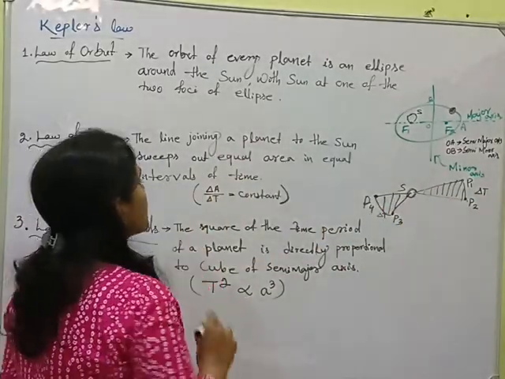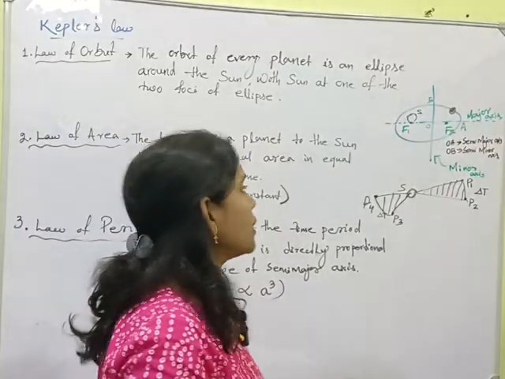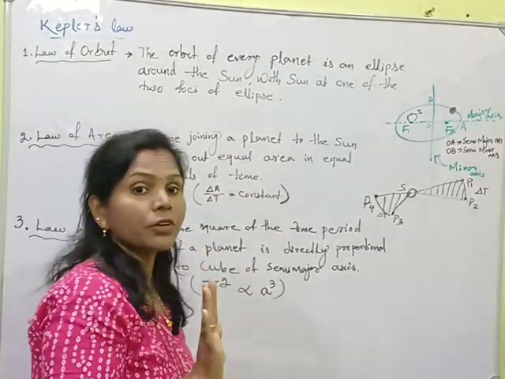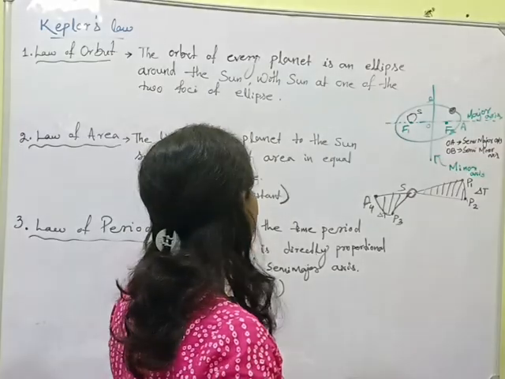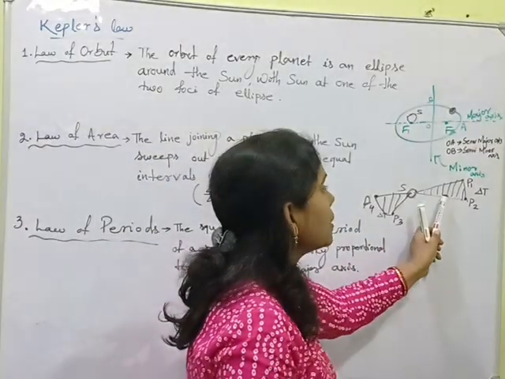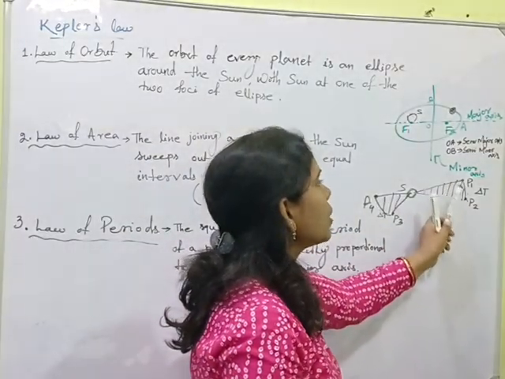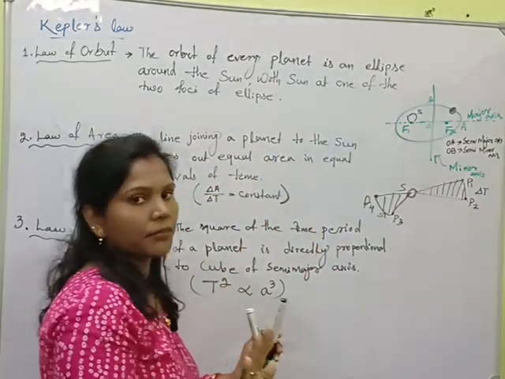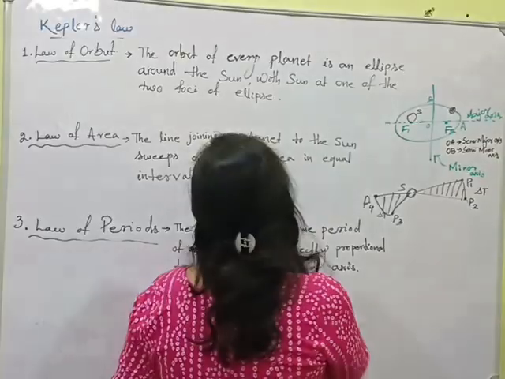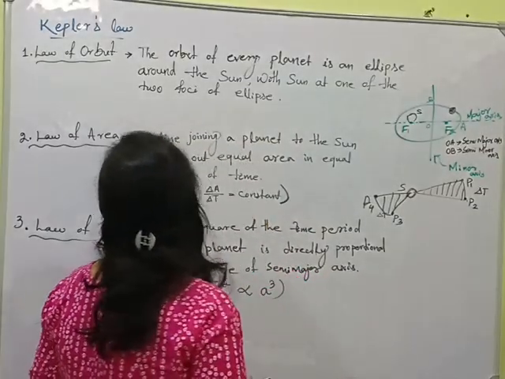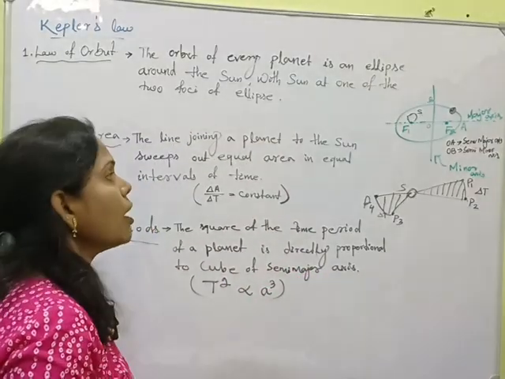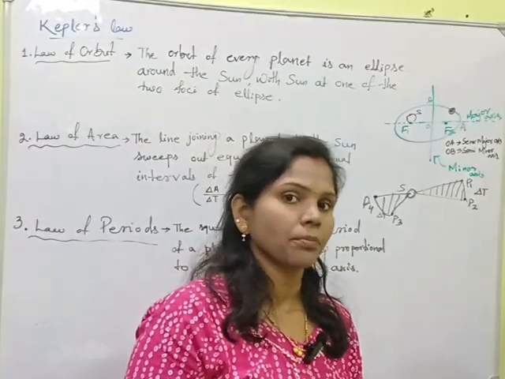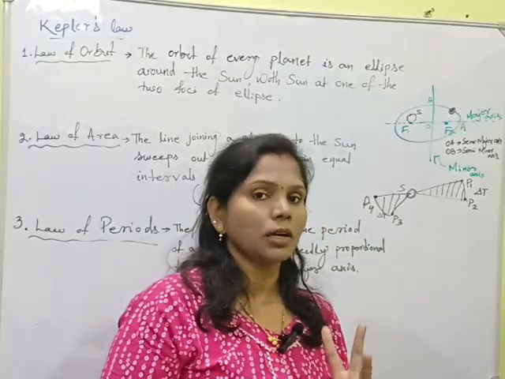So according to the second law, or law of area, delta A by delta t must be constant. Delta A means a small change in area, the area covered in delta t time. It must be constant at every point. So the second law, the law of area, says that equal areas are covered in equal intervals of time.